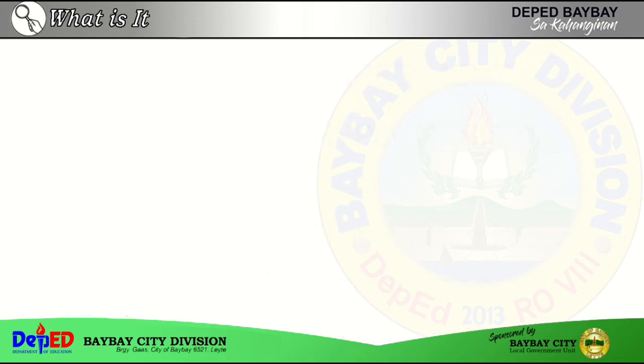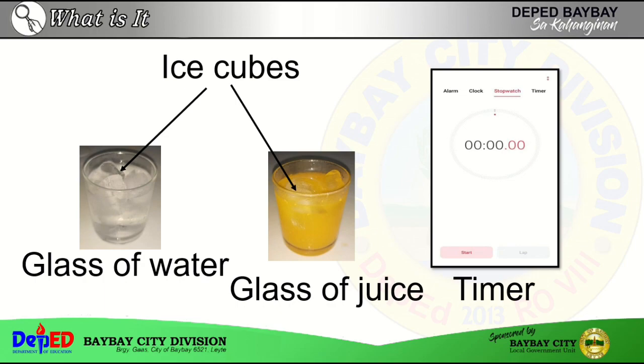To find out, how about setting up an experiment with a glass of juice, a glass of water, and an ice cube for each? You can try doing this later after answering this module. Don't forget, for the best experiments, only one thing should change.